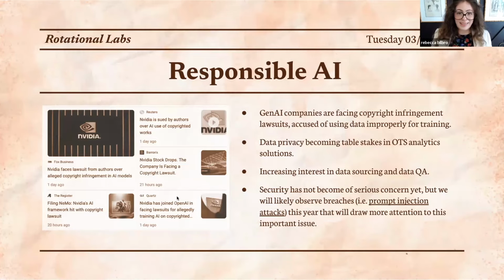Data privacy, I think, is a big blind spot. Although, I'm starting to feel like it's becoming really common for off-the-shelf analytic solutions to mention data privacy, at least in their advertising. I think that data sourcing and data quality assurance is also starting to get more attention. I think that's great.